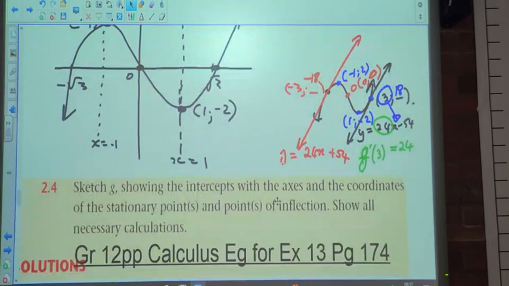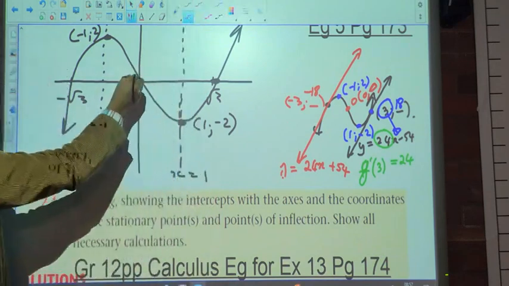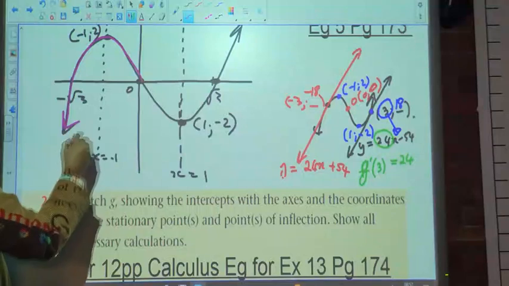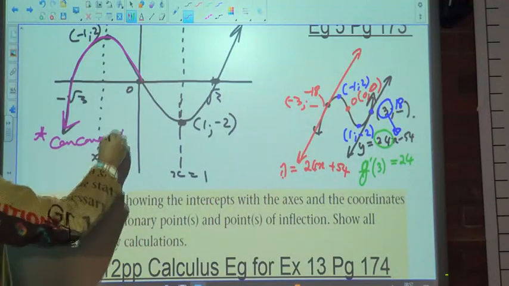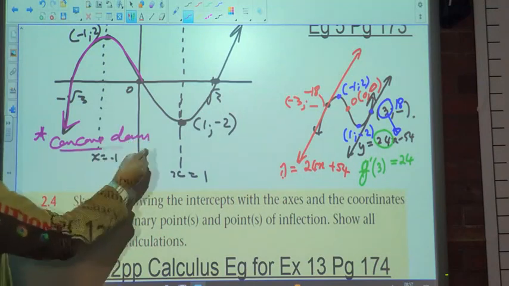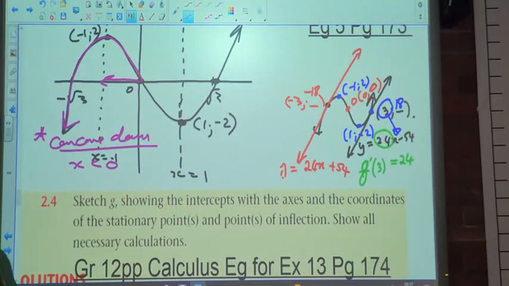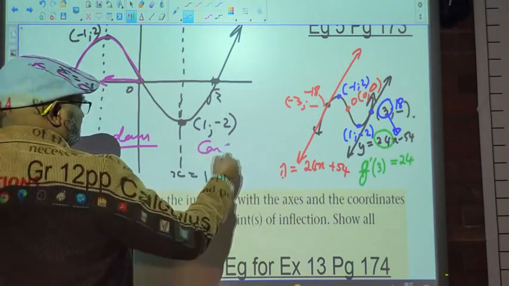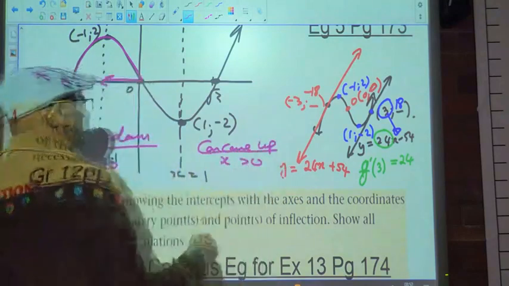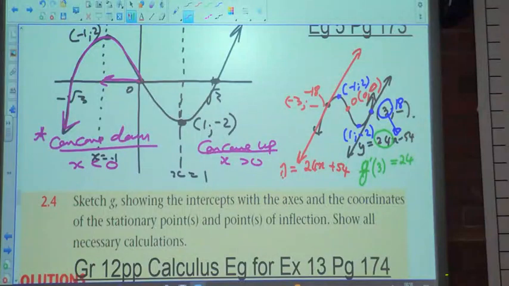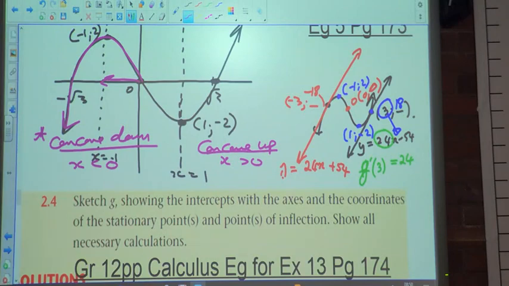So where's this graph concave down? Concave down for x is less than 0. Where's the graph concave up? Concave up for x is more than 0. At 0 it is neither concave up nor down, it's neutral. Okay? So you won't put equal signs there as well.